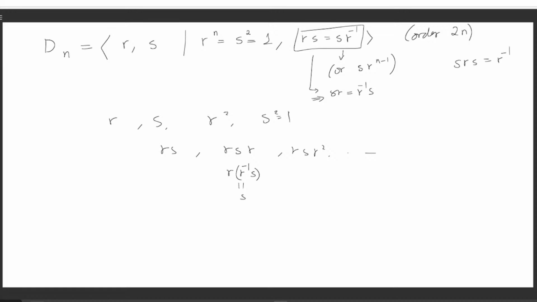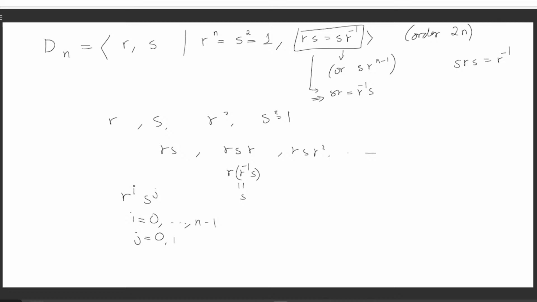Because of this relation, you know that every element can be written as R power I, S power J. And what are the values of I and J that you need? Because R power n is 1, you don't need to consider all infinity of I. You can just take I between 0 and n minus 1, and J equal to 0 or 1 because S square is 1.